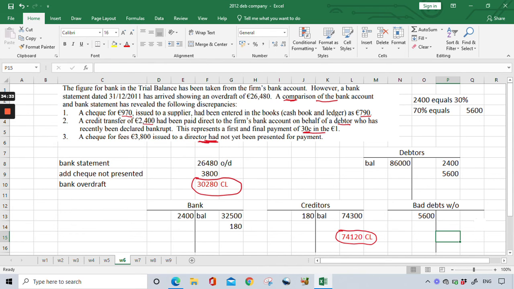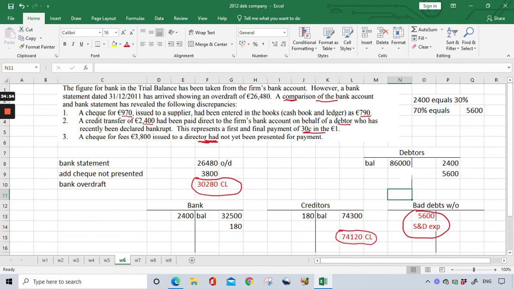So firstly, this is going to be selling and distribution expense. That's going to be bad debts written off. The debtors figure is going to be the balance of these.